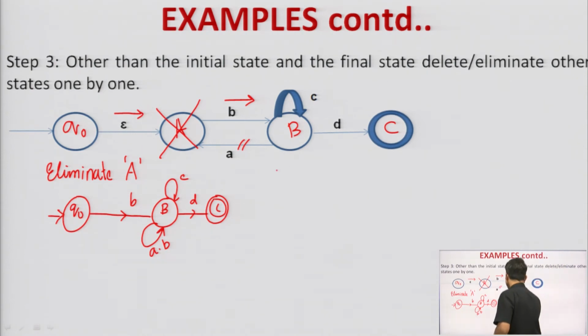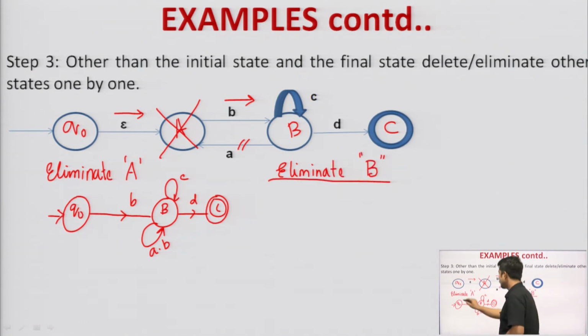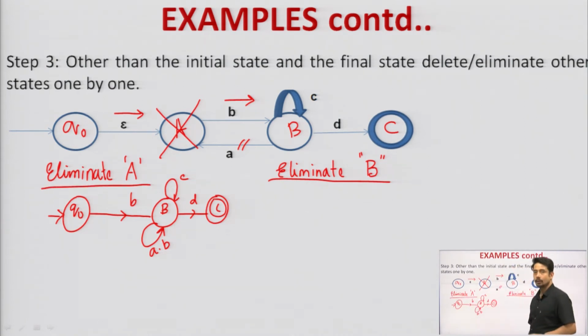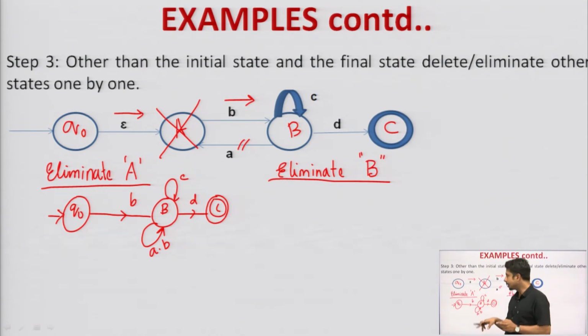Now, which state will I eliminate? Eliminate state B. One more thing you need to think about precisely: whenever you get two loops and both are on the same state, try to make them a single loop. How to make it a single loop?